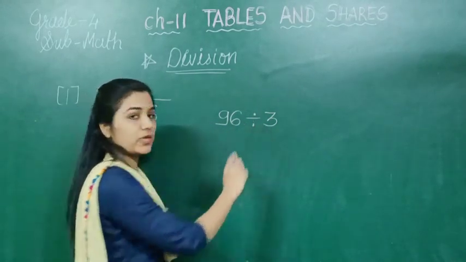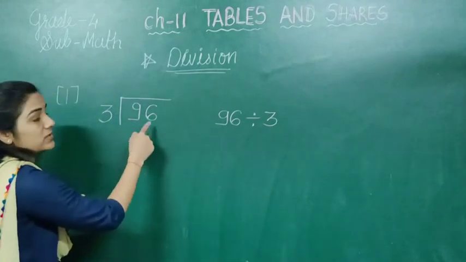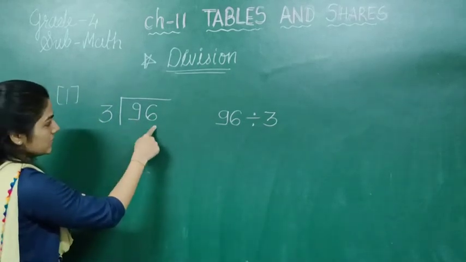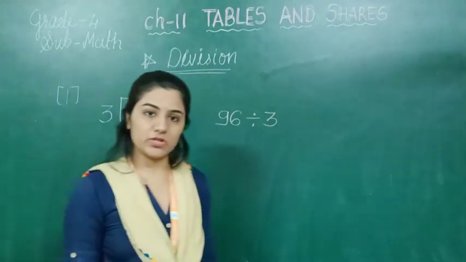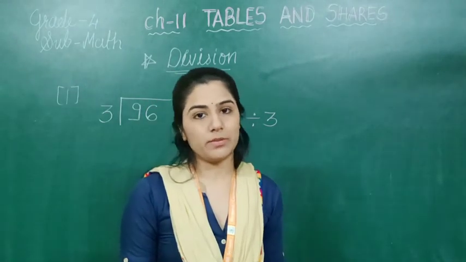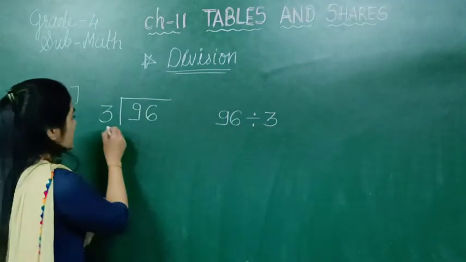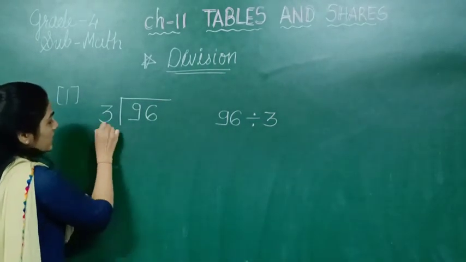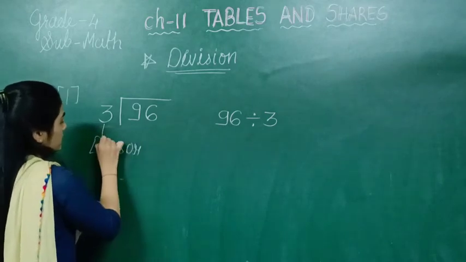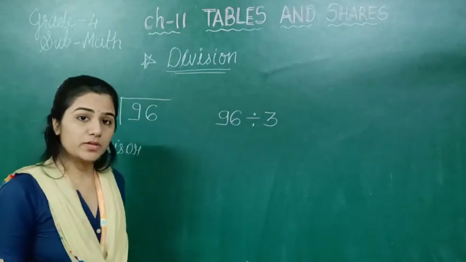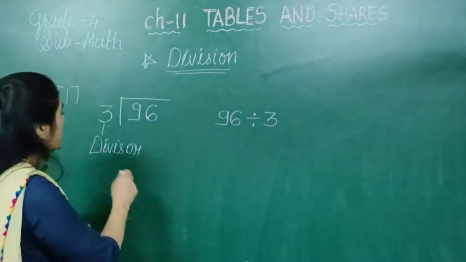So you have to write it in this way first. For division sums, you should first learn the tables, right? This is called the divisor.